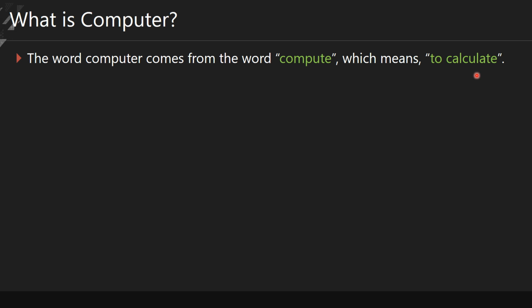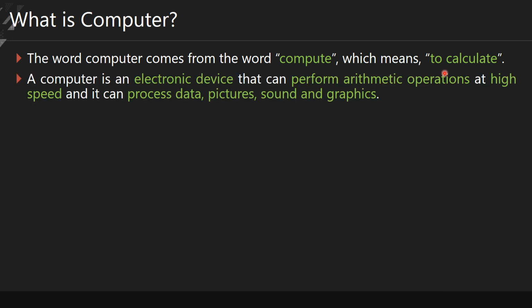That means the name indicates that you have to calculate mathematical functions. In other words, you can say the computer is an electronic device that can perform arithmetic operations at high speed.